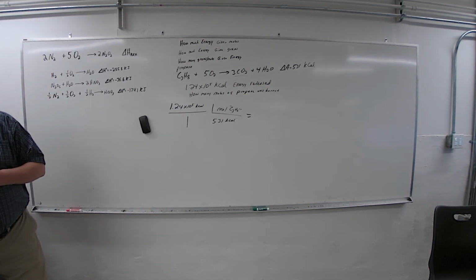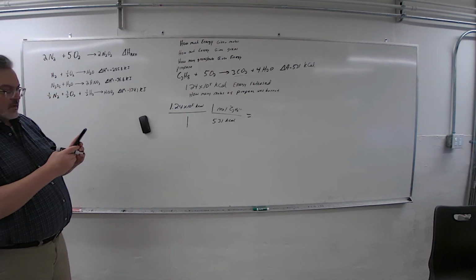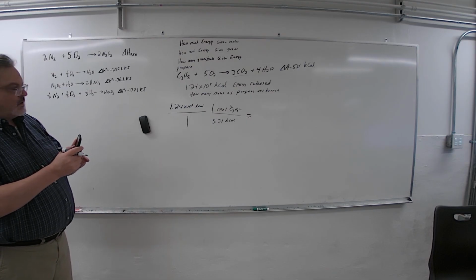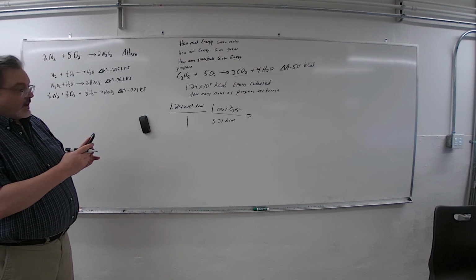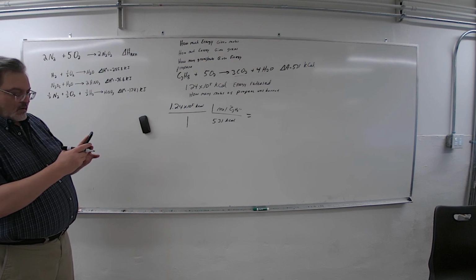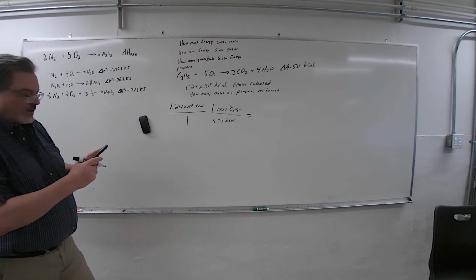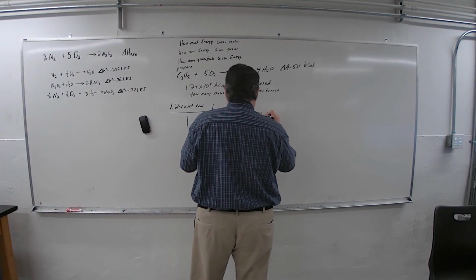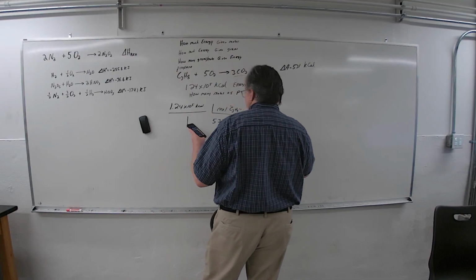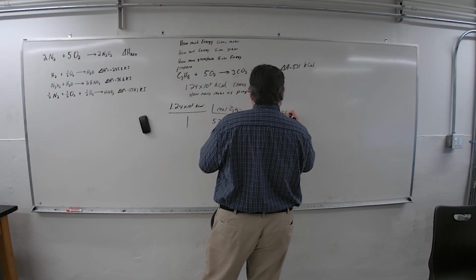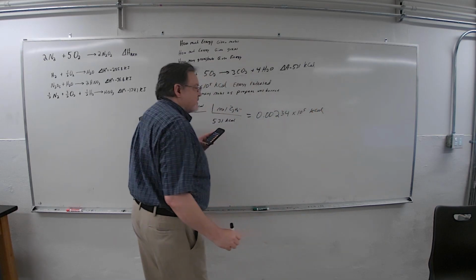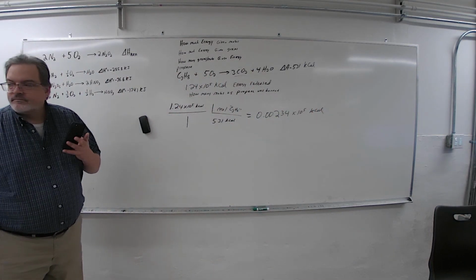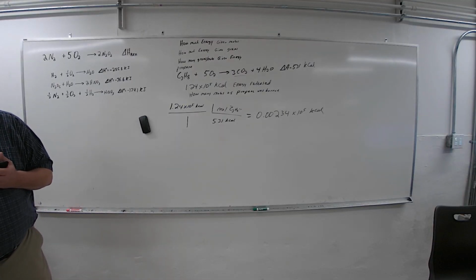So my answer would be 1.24 times 10 to the 5 divided by 531. 3 significant figures, so 2.34 times 10 to the 2.